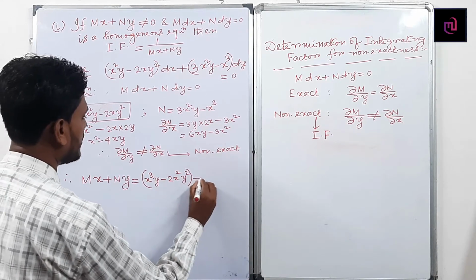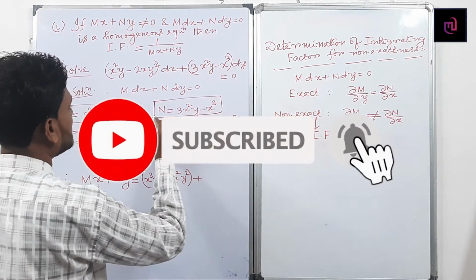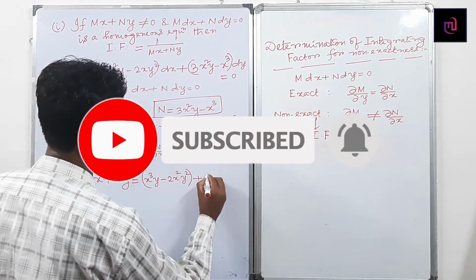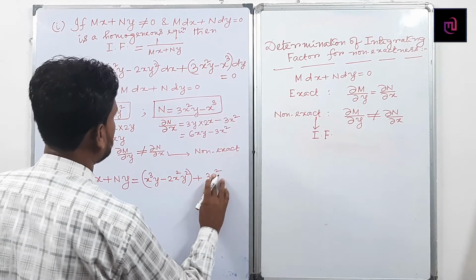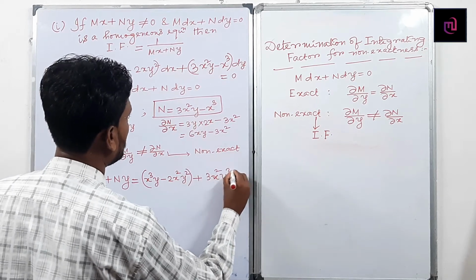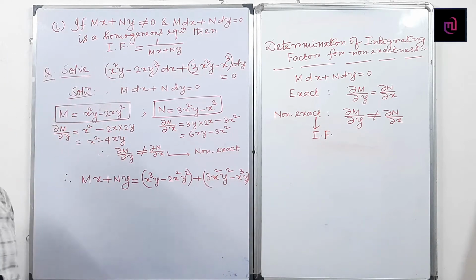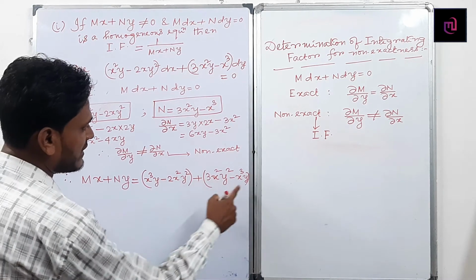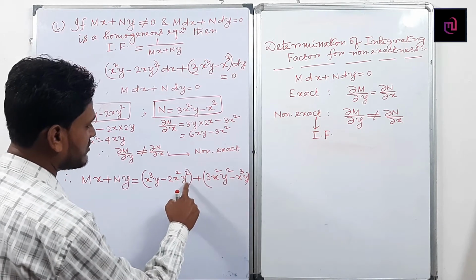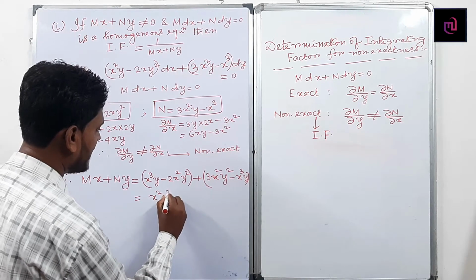Then N into y is 3x square y square minus x cube y. If you simplify, x cube y cancelled, so finally minus 2x square y square plus 3x square y square, we get x square y square.